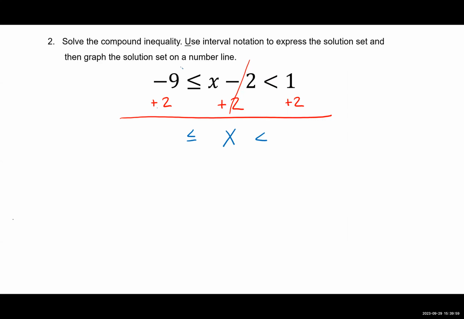We have -9 plus 2. That'll be -7. 1 plus 2 will be +3. So x is between -7 and 3. But also, x can be equal to -7, but not equal to +3.